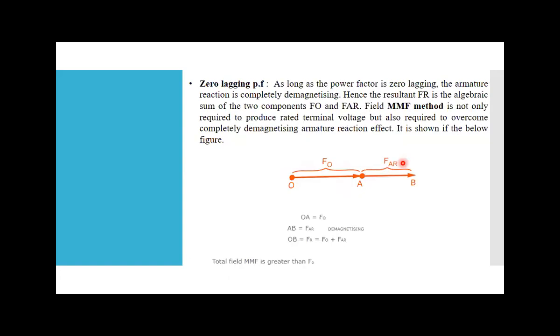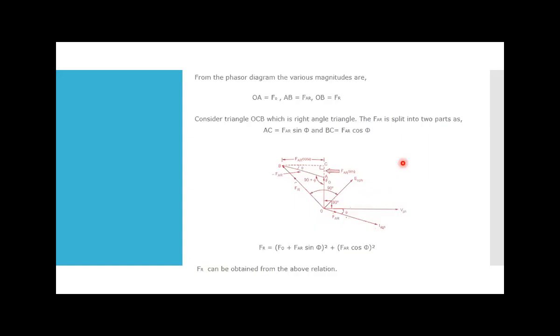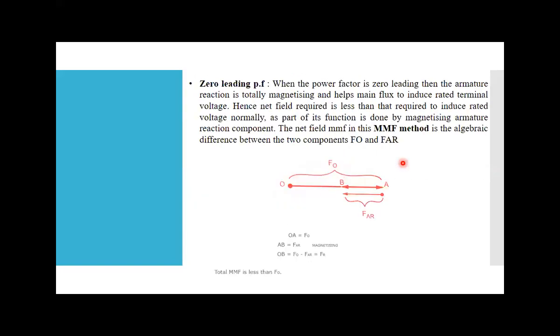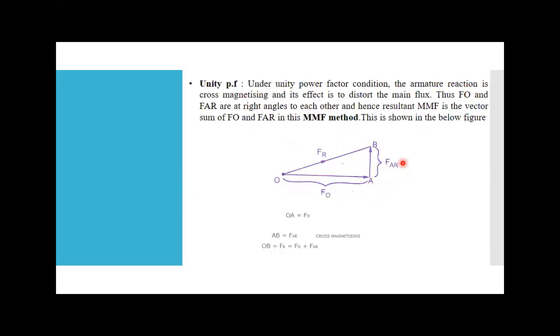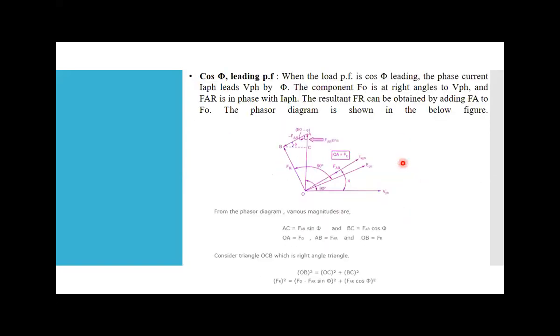In lagging power factor, my FR is always higher than FO. In leading power factor, my FR is always lower than FO. So this is my FR, which is lower than FO.